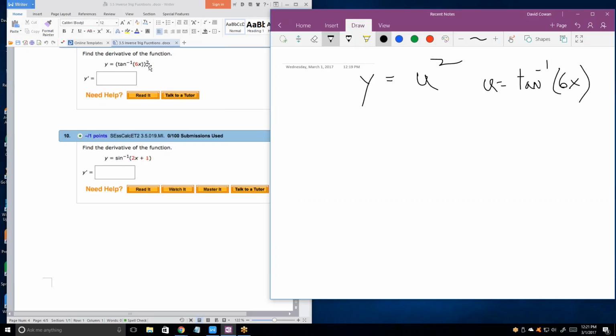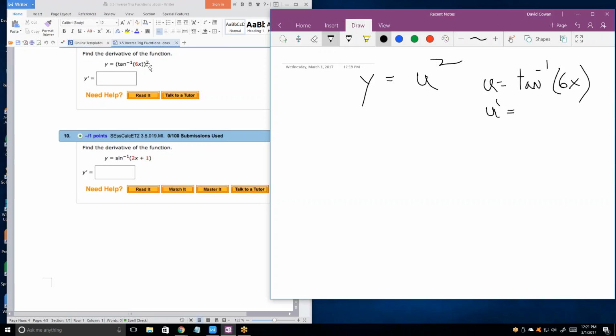Okay, I understand. Now let's figure out u prime. You know we're going to need that. What do we do with the inverse tan again?